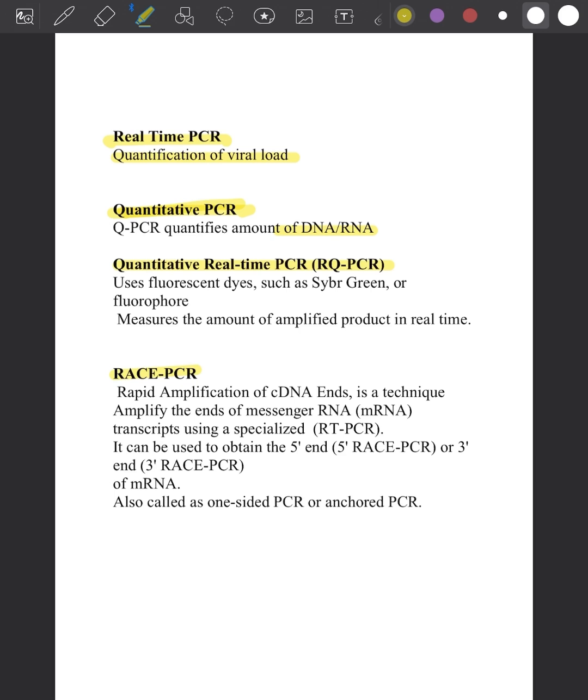Quantitative real-time PCR uses fluorescent dyes such as SYBR Green or fluorophore dyes, which measure the amplified product in real time. Next, RACE PCR, that is rapid amplification of cDNA ends, that is complementary DNA ends. This technique is used to amplify the ends of the messenger RNA. It is also called one-sided PCR or anchored PCR.